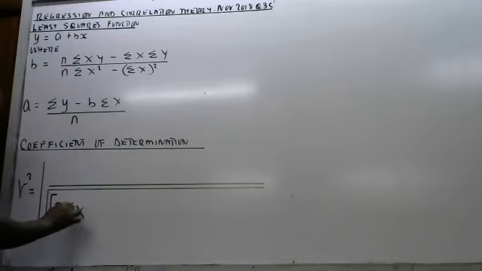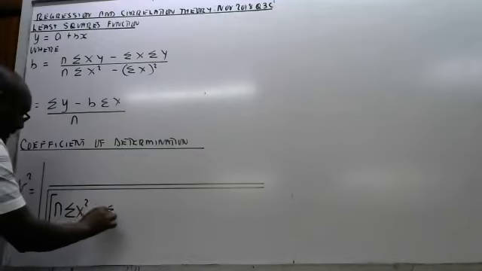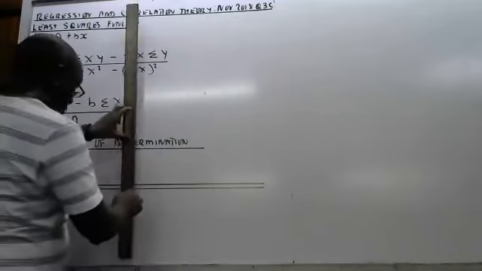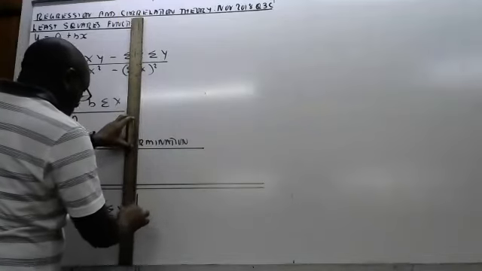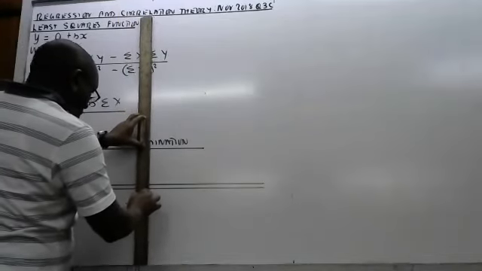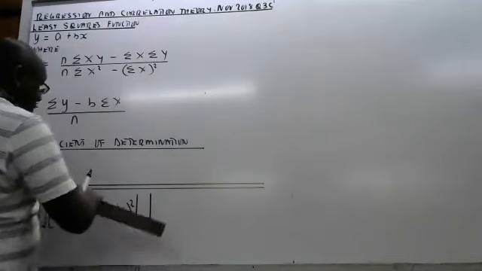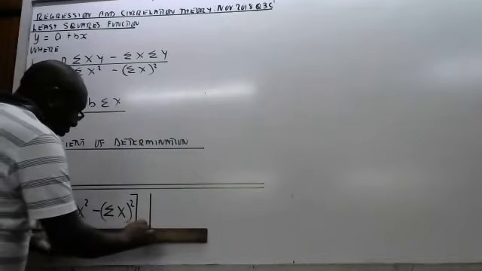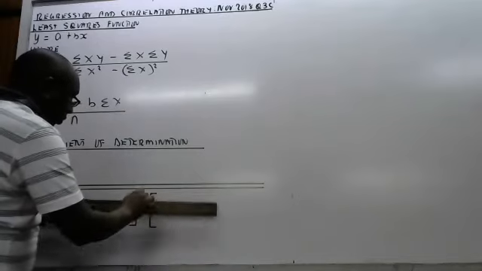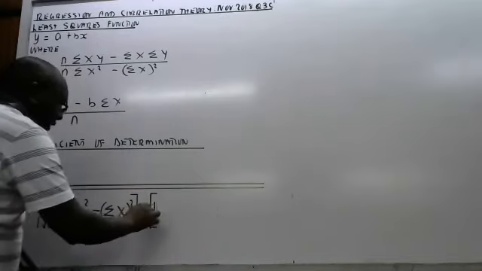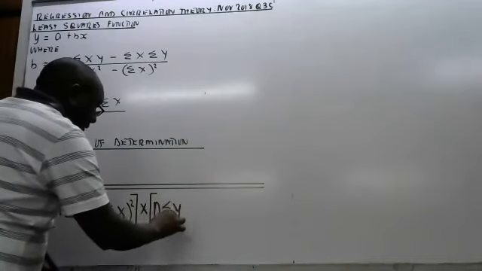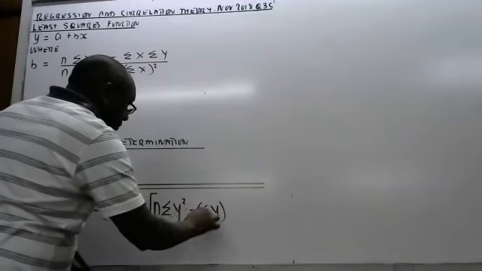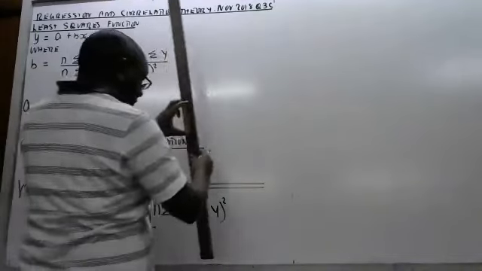And sum of x squared minus sum of x. Times n sum of y squared minus sum of y squared.